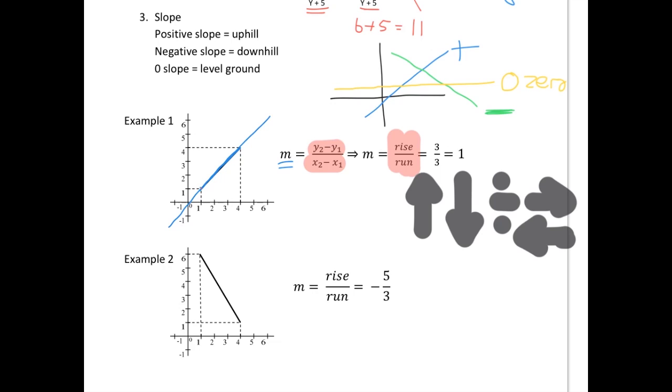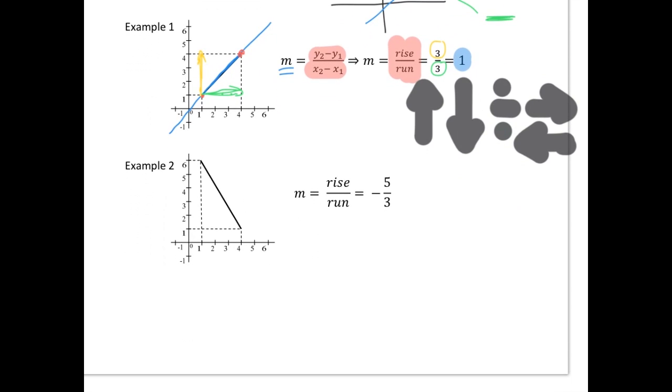So all we do is go across the x-axis to get our run, and up the y-axis to get our rise. Our rise in this case is 3, and our run is also 3. So when we do our rise over our run, we end up with a slope of just 1.